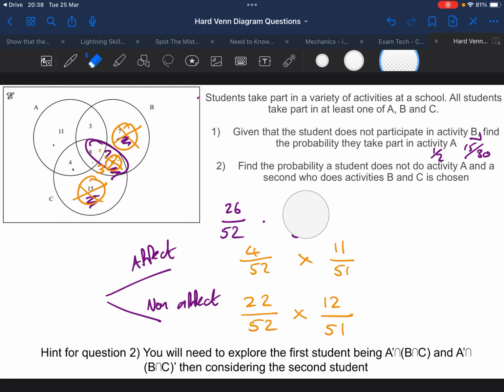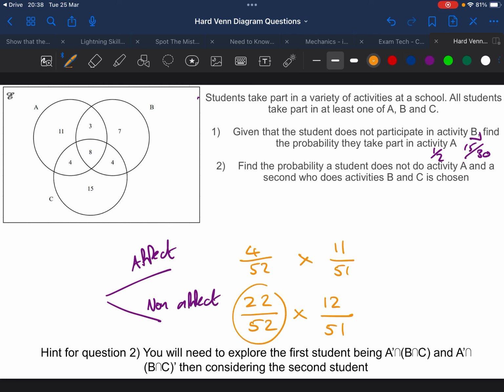So let's just talk through everything again. We need to consider that over here, the first time round, although I'm interested in all of these numbers, we have to consider this one and this one as different paths. This one is when it doesn't affect it the next time around. So there are 22 out of 52. And then for the second part, I would have 12 out of 51 because one of the students isn't there anymore.